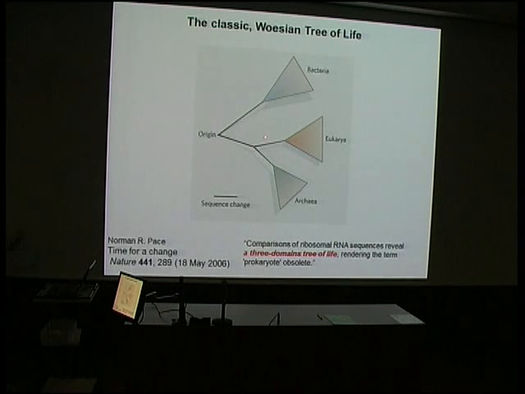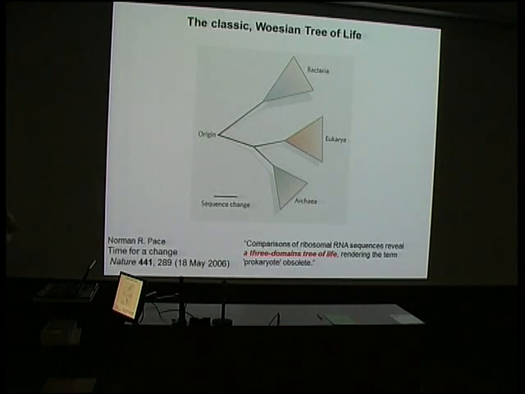is a very simplistic representation of the classic tree of life, that goes back to the classic studies of Carl Woese, and this particular representation comes from a more recent paper by Norman Pace, whose title says: Comparisons of ribosomal RNA sequences reveal a three-domain tree of life, rendering the term prokaryote obsolete.